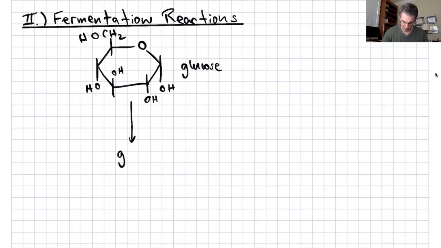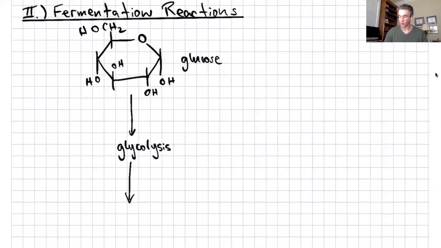What are the products up to this point? Well, we know one of the primary products is what we get out the back end of this pathway, which is of course pyruvate, right?